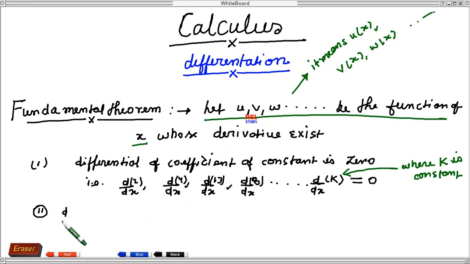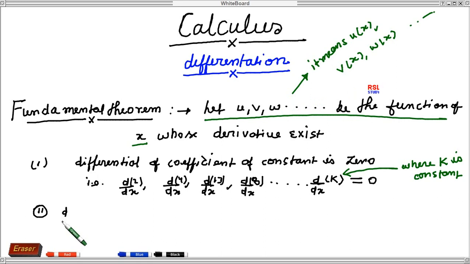For example, u(x) can be 2x plus 3, or x square plus 5, or x by 8, or x square plus 4 by 8, or (x plus 3) whole square plus x cube, and so on. Similarly, v can be x square plus 4x plus 5, or (x minus 1) whole square, and so on. Such kinds of functions you will find.